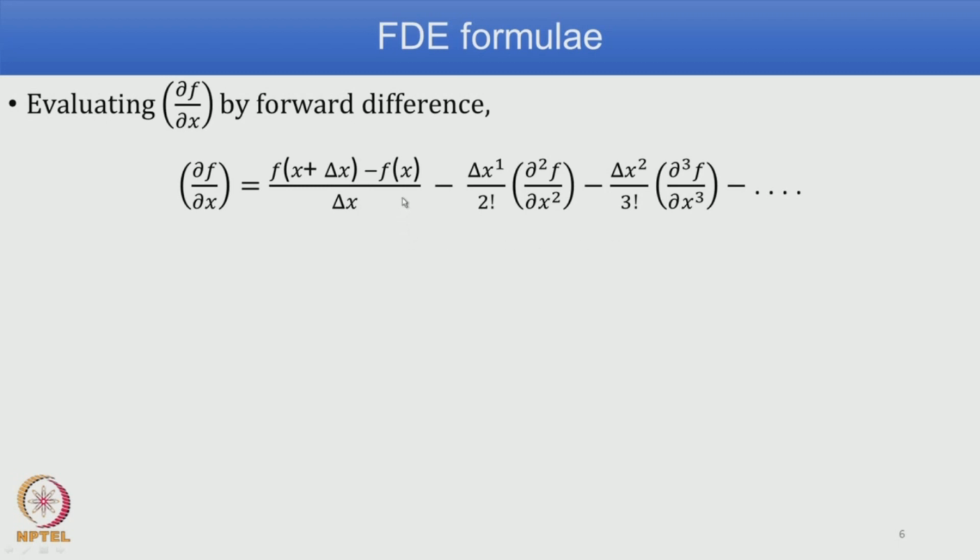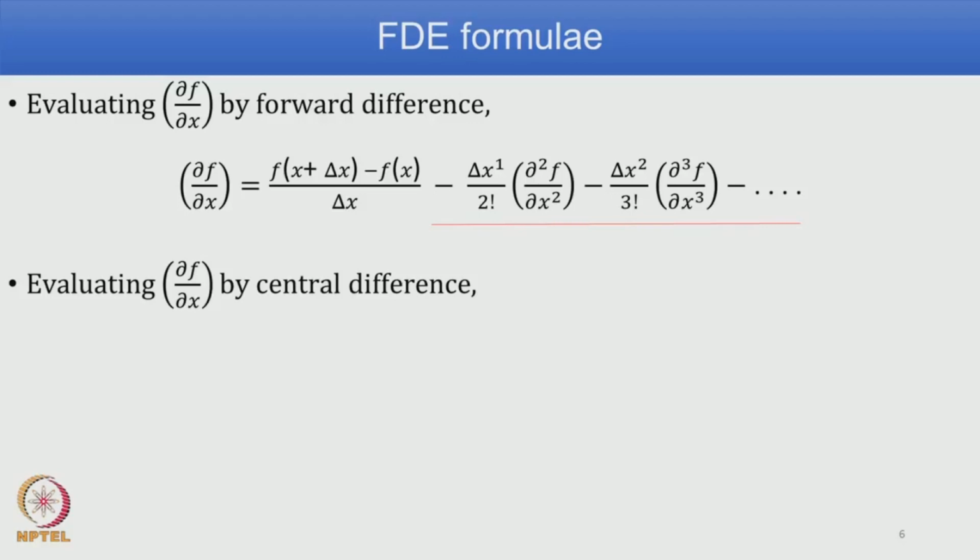Now, you have considered only the first term, and the remaining terms are not considered. So, this is a neglected term, Δx/2! ∂²f/∂x² and so on, followed by many other terms. This is the leading term that is not considered, and it is of odd order, and we mentioned this is a dissipative error.